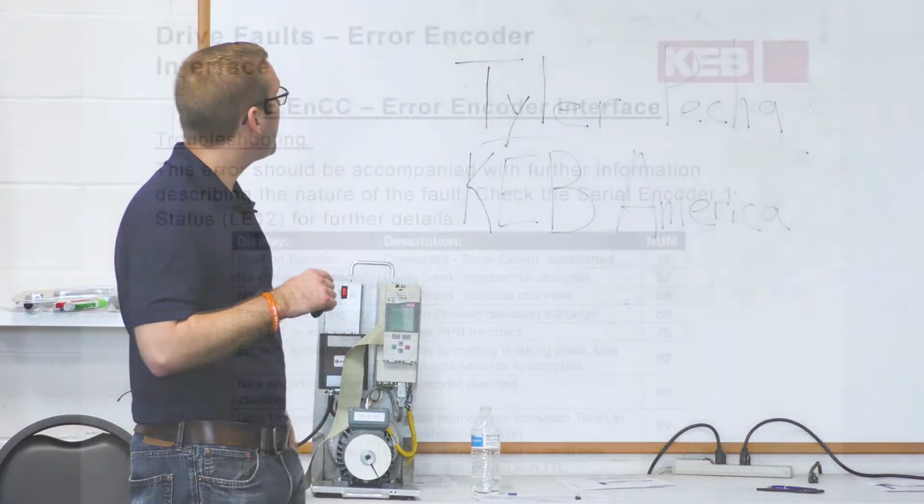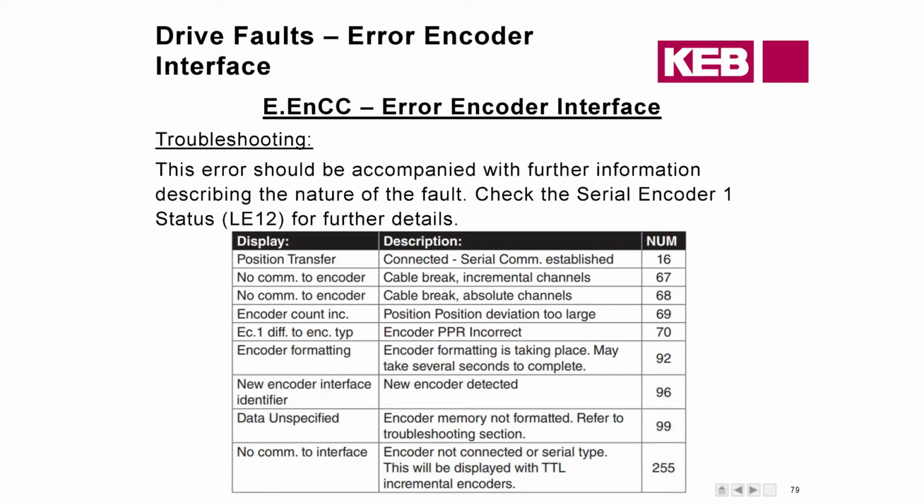If you see this, no COM to interface, this could be due to actually having no software on the encoder card itself. We have run into a few situations where, due to ESD, electrostatic discharge, the firmware, the software on the encoder card, has actually been wiped clean.